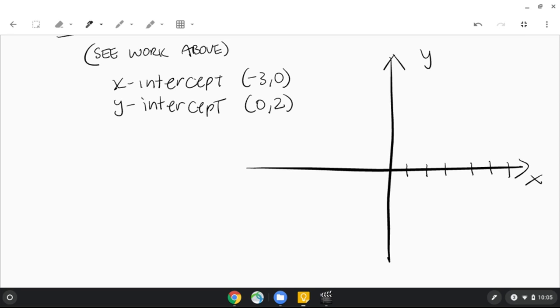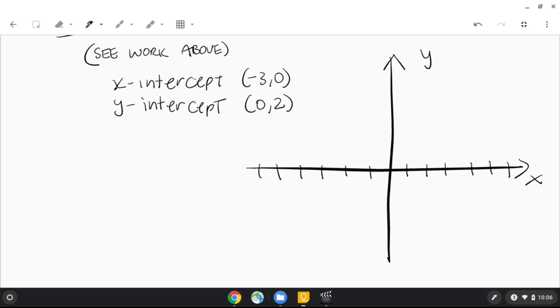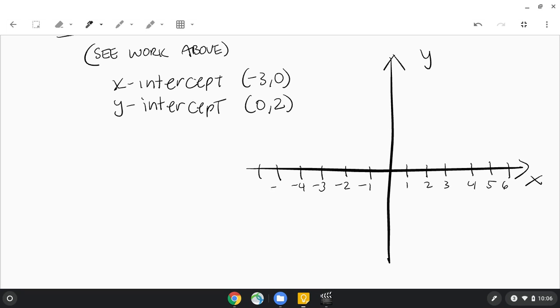So like this here would be -1, -2, and -3, etc., -4, -5, -6. If you want, you could write the numbers underneath. I don't do it because then sometimes it gets crowded, so I just count them in my head.